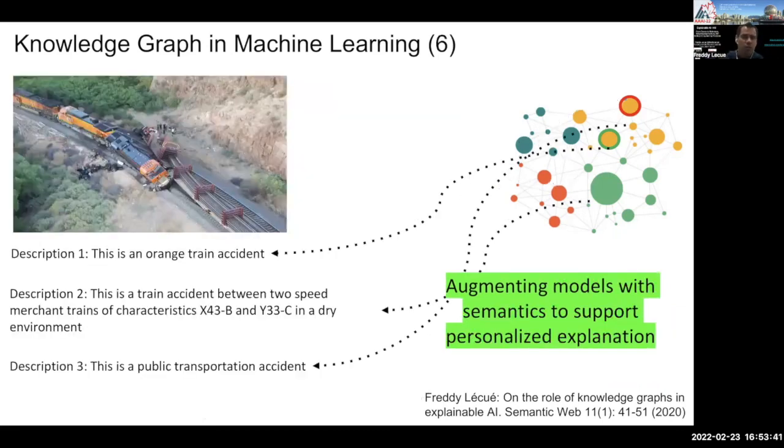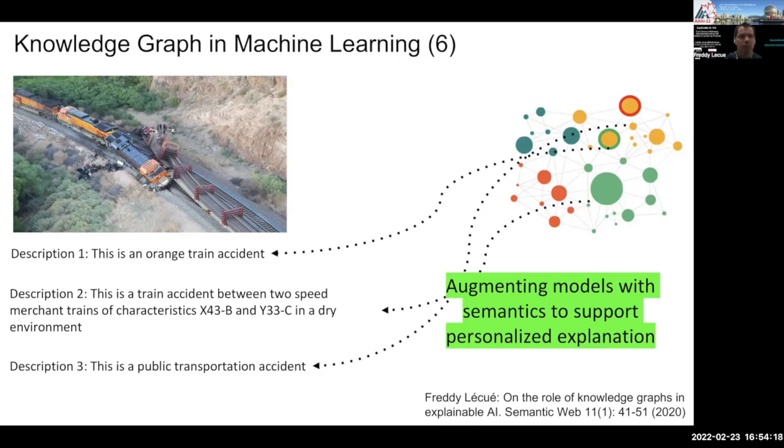And you can also, as I mentioned a lot, customize the explanation. I think that has been a question earlier: if there are multiple explanations, what do you provide? I think it's definitely customizable, and you should definitely customize the explanation because it's really based on who needs what level of explanation. If I'm an expert, I might need to use description two here because I need to know what the train characteristics are.